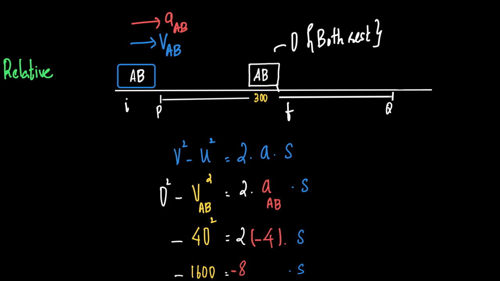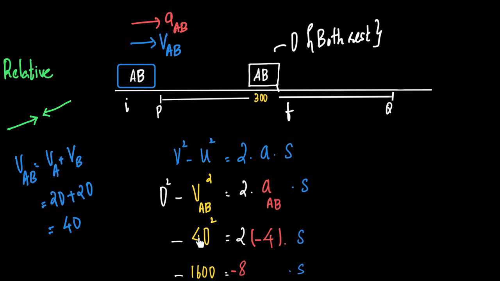Initial is relative velocity VAB, which is the sum of the individual velocities VA and VB, equal to 20 plus 20, which is equal to 40. And why is it VA plus VB? Because VA and VB are both moving in the opposite direction, and therefore the velocity will get added up. So VAB is equal to 40, and VAB square will be 40 square.